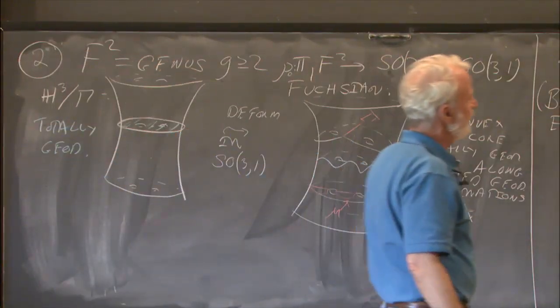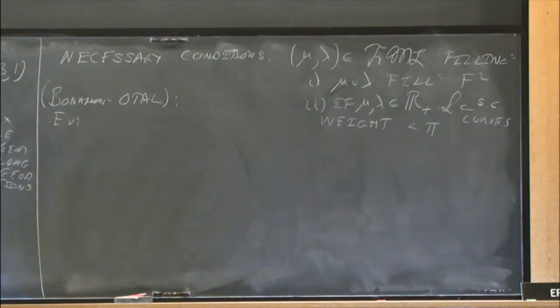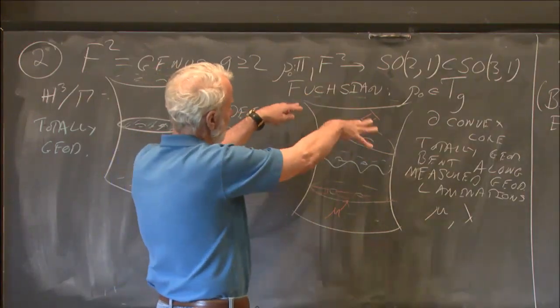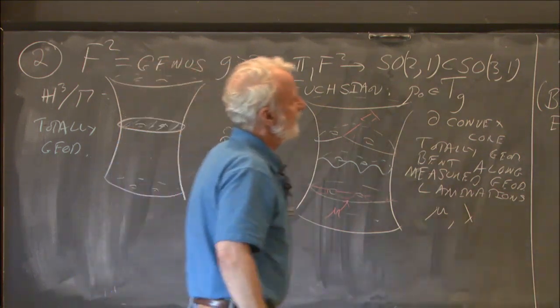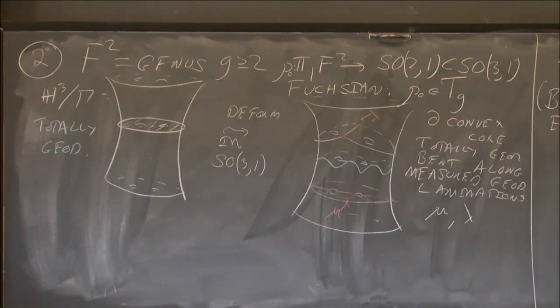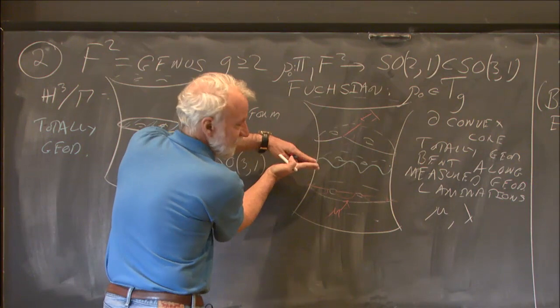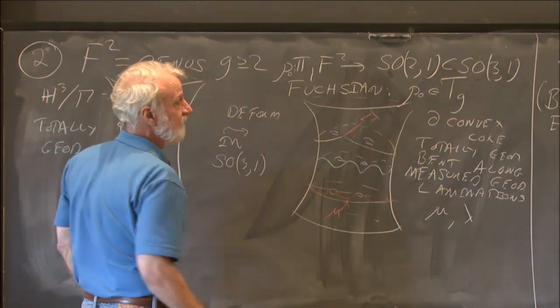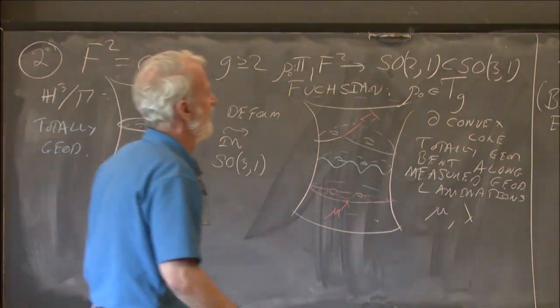And it's not too hard to see that these are necessary, because since this is supposed to be a convex core here, if there were room to stick a simple closed curve in the union here, these guys would actually be flattened out completely like that. So that's the reason it's clearly necessary.